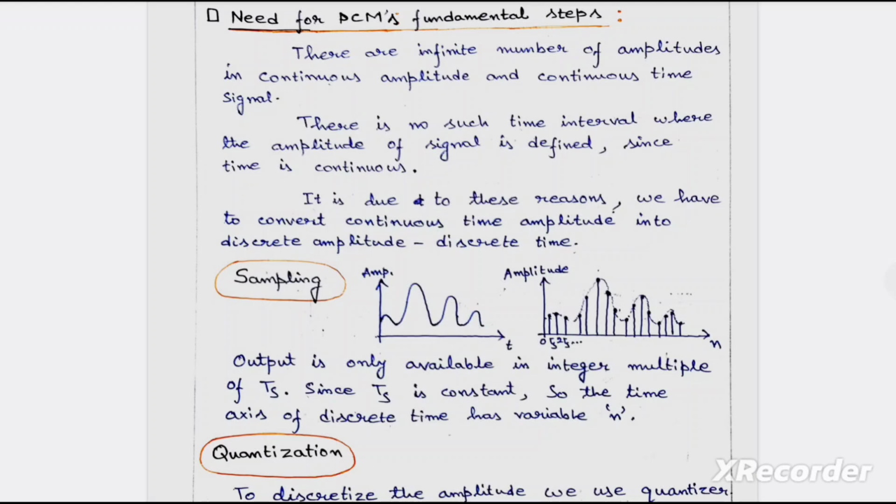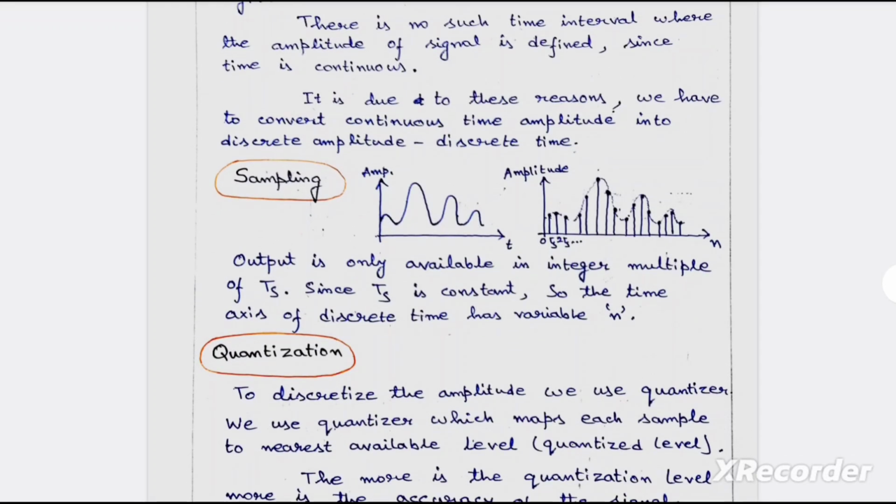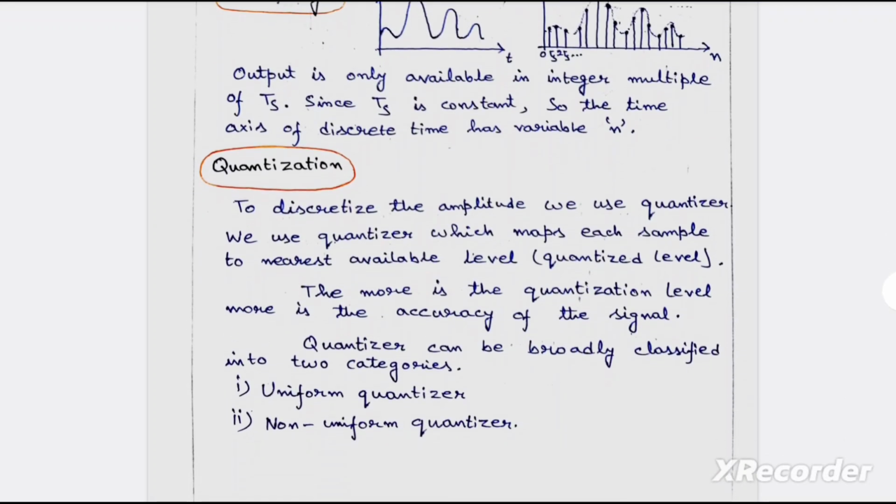It is due to these reasons that we have to convert the continuous time, continuous amplitude signal into a discrete amplitude, discrete time signal. Now the sampling output is only available at integer multiples of Ts. Here Ts is the sampling time period. Since Ts is constant, the time axis of the discrete time signal has variable n.